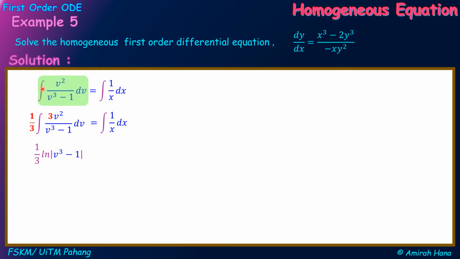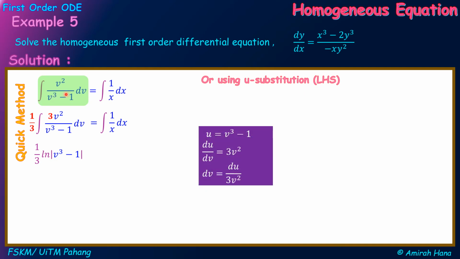Alright. From the left-hand side here, we integrate v squared over v cubed minus 1 dv using the quick method. Okay, then we get this answer. Alright? Or we can integrate the left-hand side function using U substitution. Okay? Alright, let's say we use U substitution.